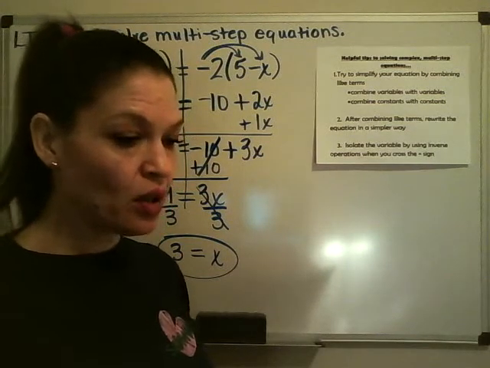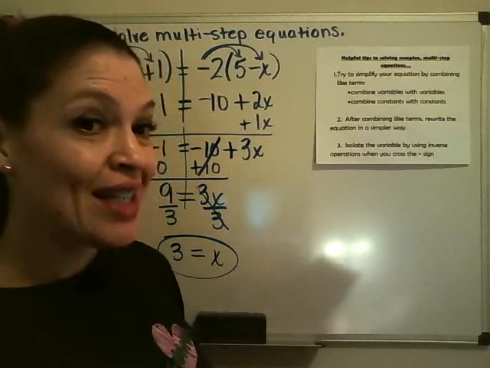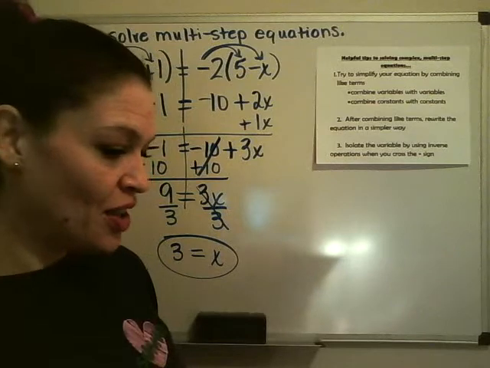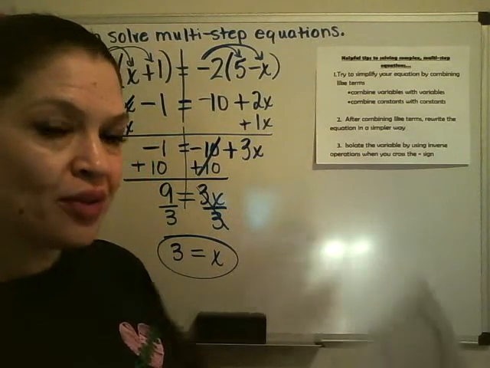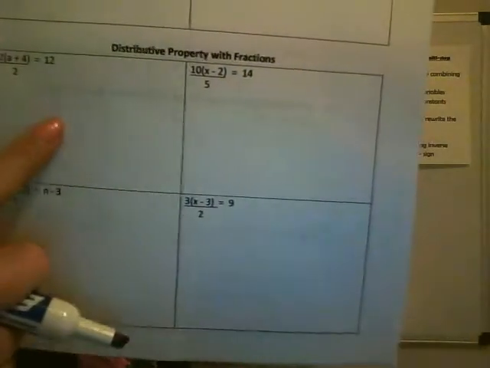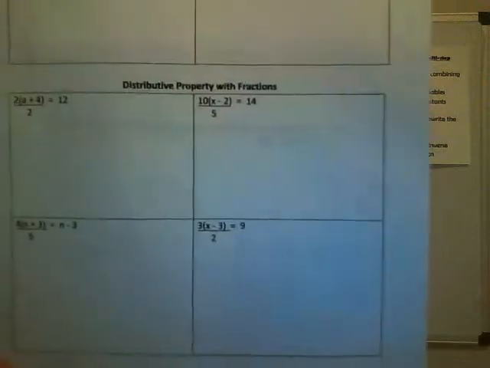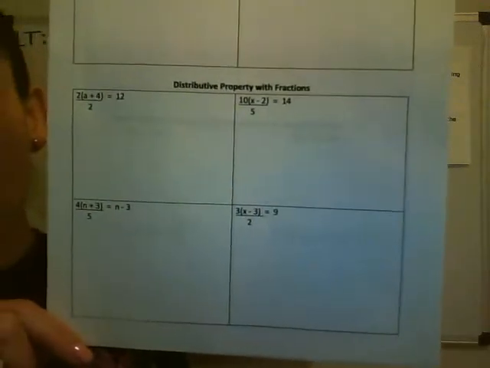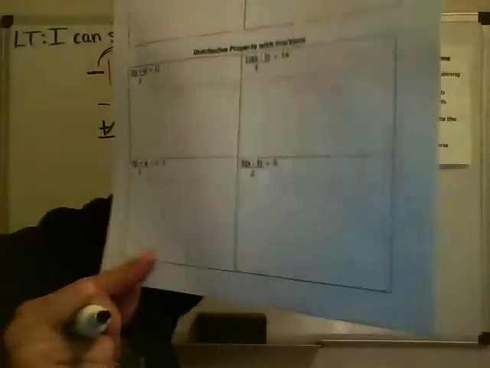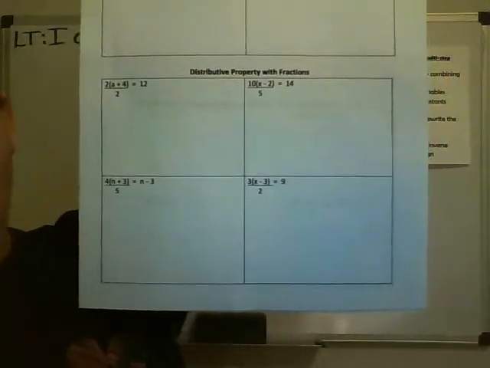All right, so that concludes the distributive property. But guess what is left? Distributive property with your favorite, fractions. I know fractions are your favorite, but they're actually not that bad. So let's try these two, and then we will be done for today.